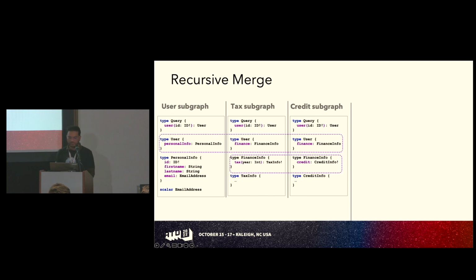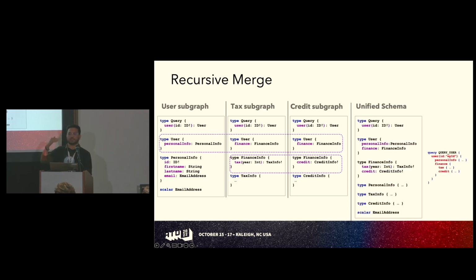If you carefully see this, the user type has a financial info field, finance, common in the tax and credit subgraphs, and the user type itself is common between all the three queries. So what recursive merge does is start from the query, and it will go on merging the types recursively. It's like a classic tree merge algorithm, and it will create the final schema which has the user financial info and the personal info under the type user.